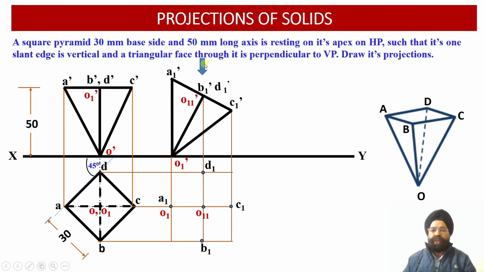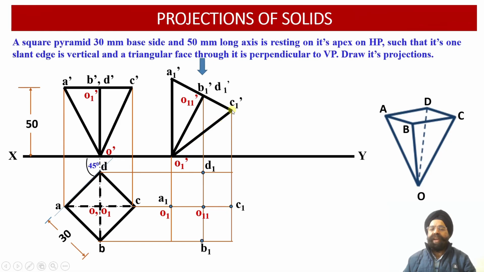So when the observer is going to look at this inverted square pyramid from the top, we will see that O1 dash is the point which is farthest away from the observer. So anything joining O1 from the top view should be drawn as a hidden line unless it falls into the boundary of the solid. Similarly, O1 dash, C1 dash is the slant edge which is lying on the bottom side of the solid.